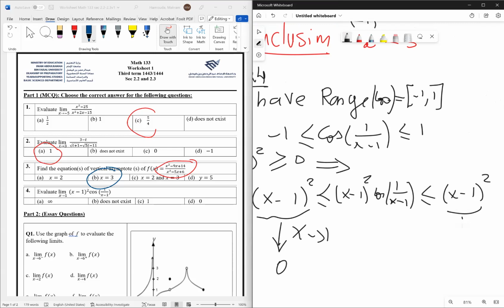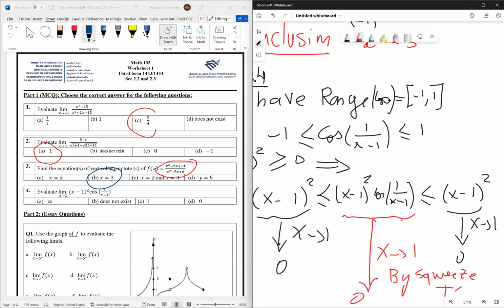And the same thing happens for this, it approaches 0 when x approaches 1. So by the squeeze theorem, this must approach 0 when x approaches 1. Okay, so my answer is, of course, the limit equal to 0. And in the worksheet, this is D.